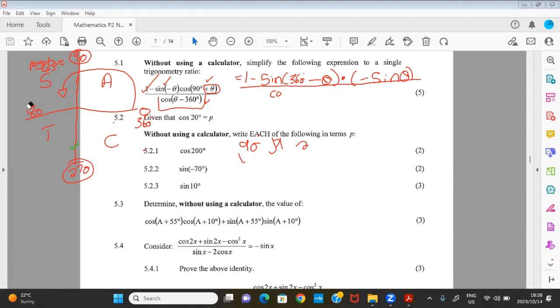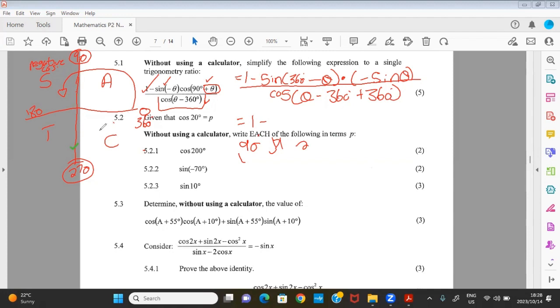So now let me just write it down, then I'll do 2 steps. So I have cos of theta minus 360 degrees plus 360 degrees. Okay, let's just deal with everything properly. So I have 1 minus, now sine of 360 degrees minus theta.